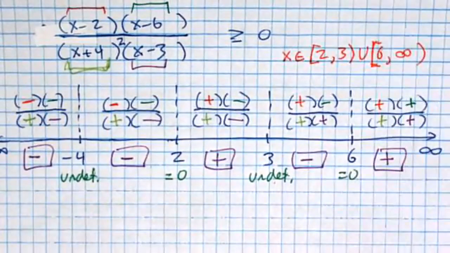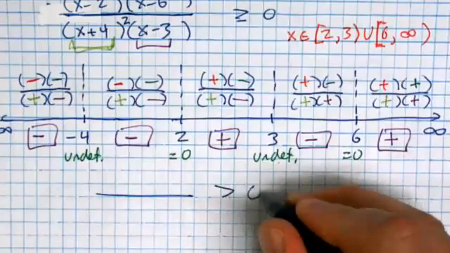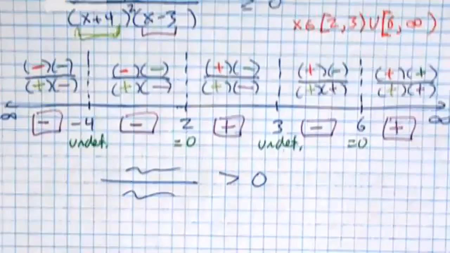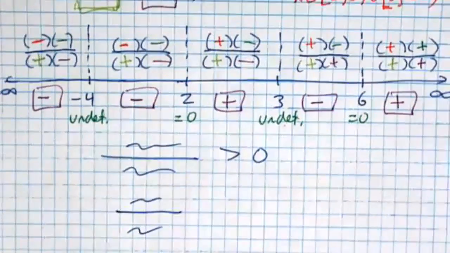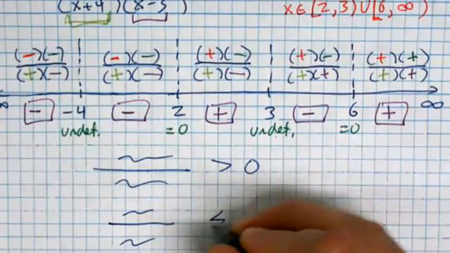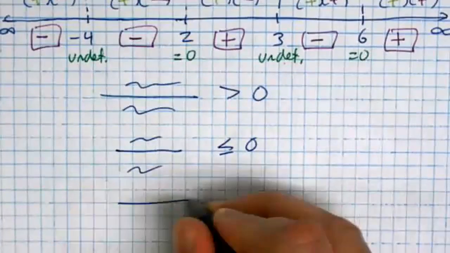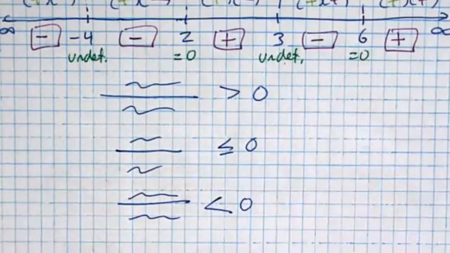Can you guys go ahead and do the case where it's strictly greater than 0? So my fraction is greater than 0. I'm not rewriting my fraction again. Sorry, feeling lazy. Greater than 0, and then less than or equal to 0, and then strictly less than 0. Here's worked out solutions for each of those.